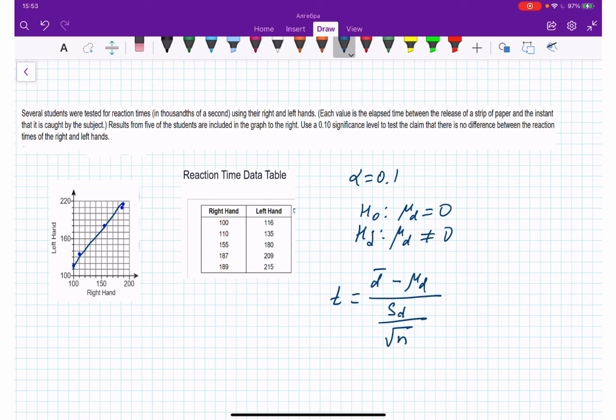So we need to find d, which is our difference, and then find the average.